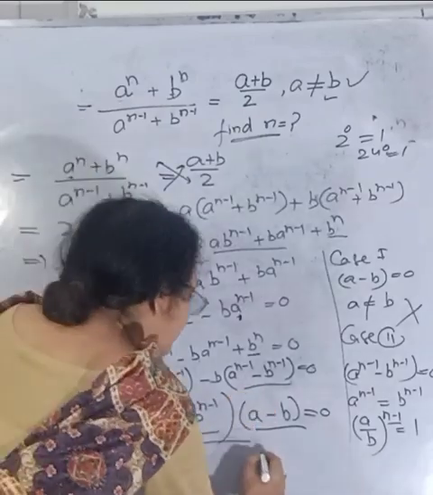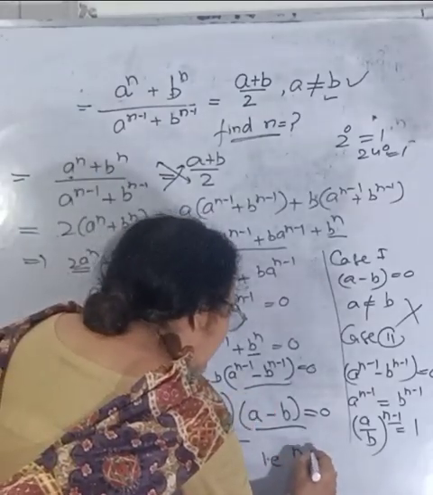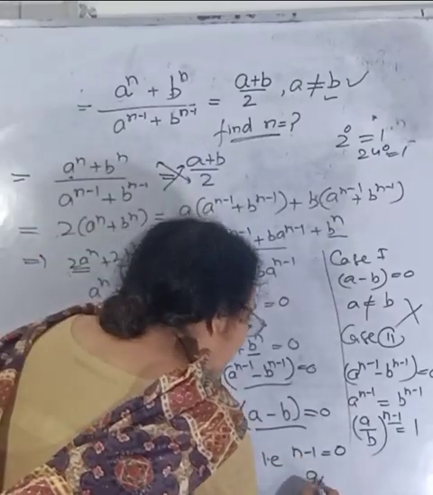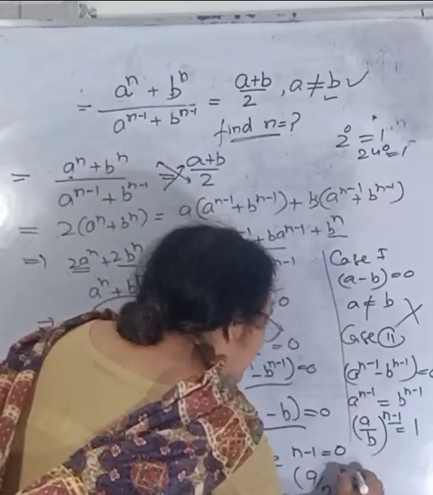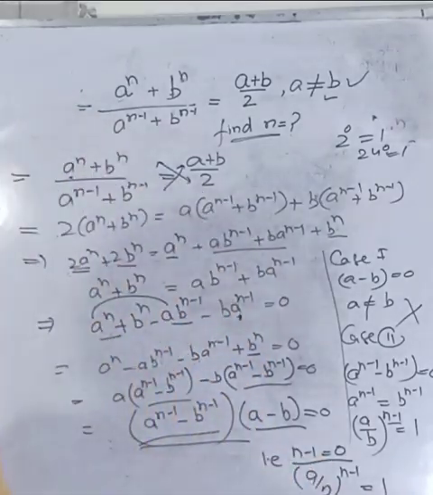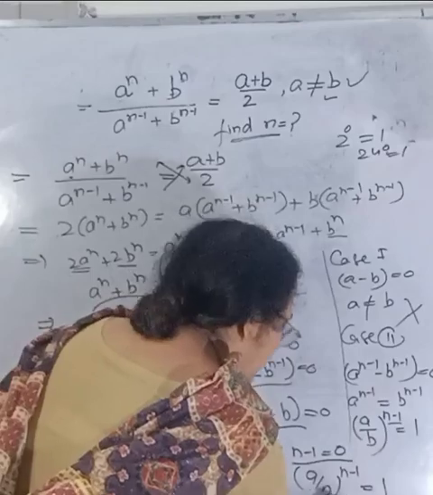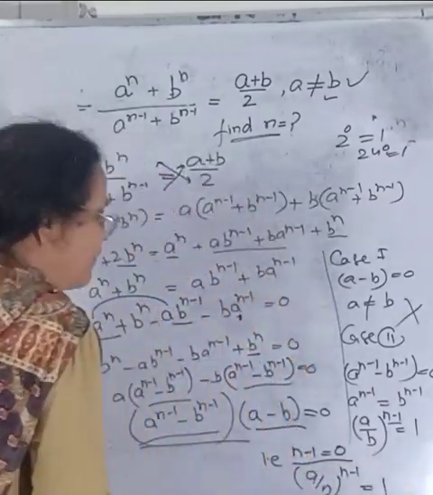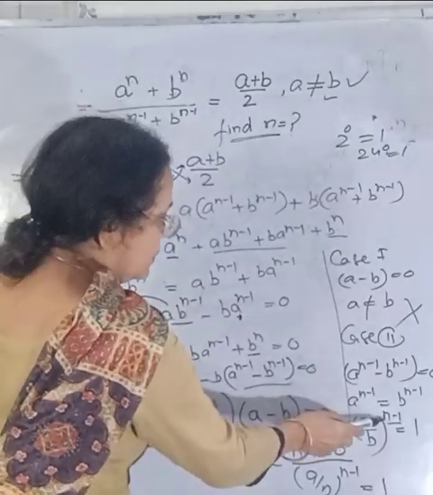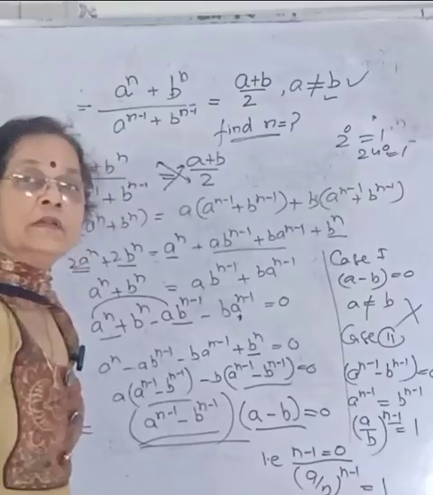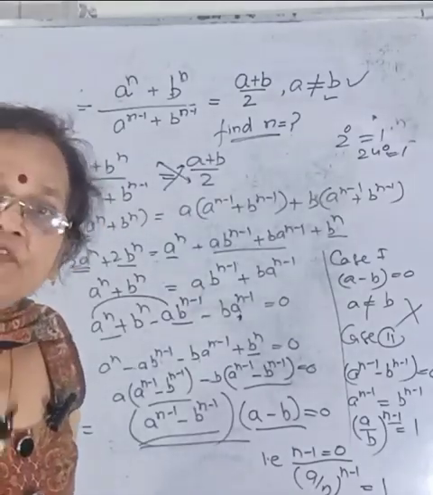It means that n minus 1 should be 0. Only then a upon b to the power n minus 1 will be equal to 1. It means n minus 1 is equal to 0, so n will be equal to 1. The power will be 0, then only the result will be 1.